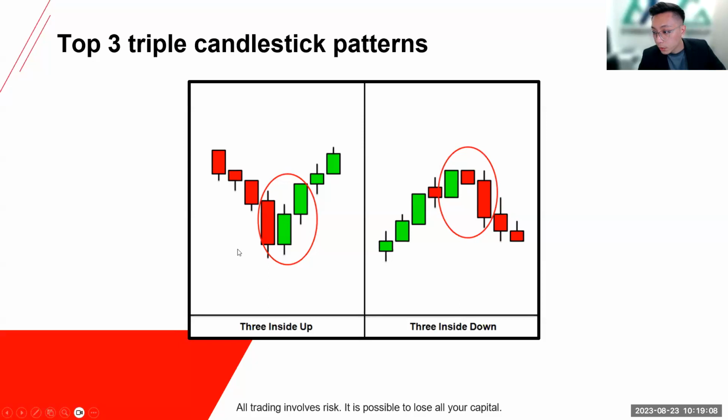But the closing of these candles at the bottom has to be almost equal, okay? And this bullish candle has to be above these two candles right here. Just remember, the important part is that this bullish candle has to be above these two candles.